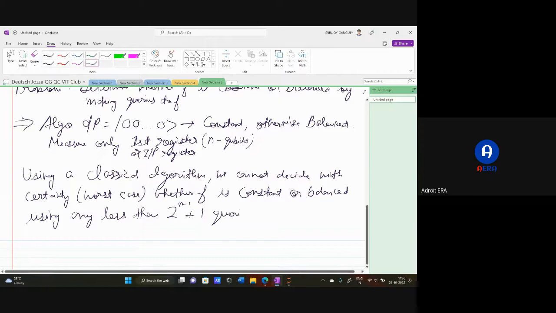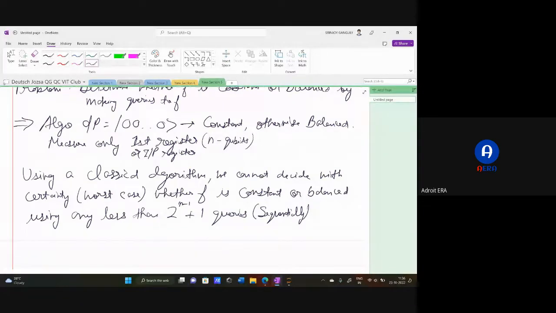So what it is trying to say is that for a classical algorithm, it will definitely take 2 to the n minus 1 plus 1 queries sequentially. Remember, this is sequential. So you will require at least 2 to the n minus 1 plus 1 queries. Let's say n is equal to 2 qubits.